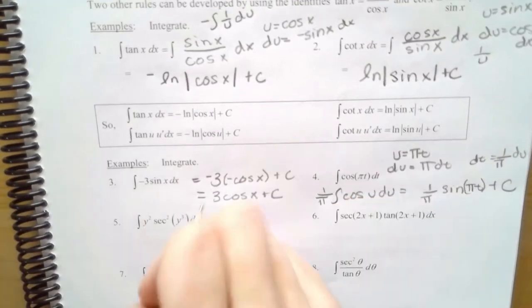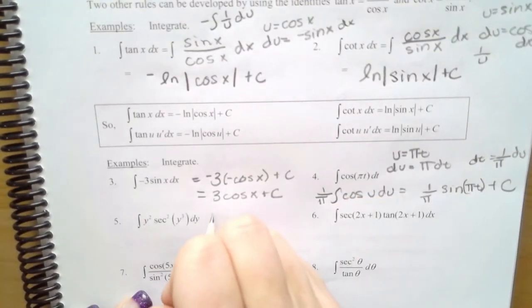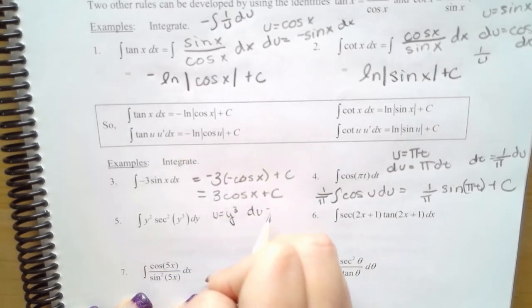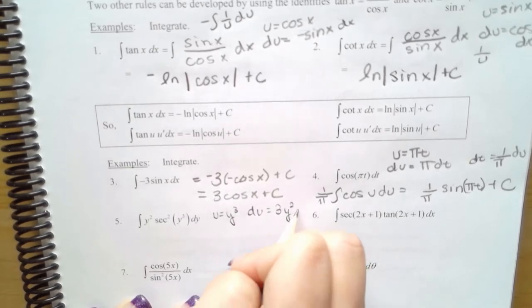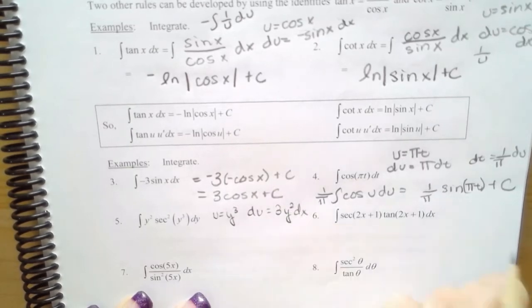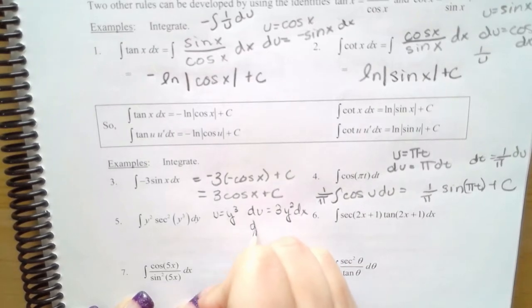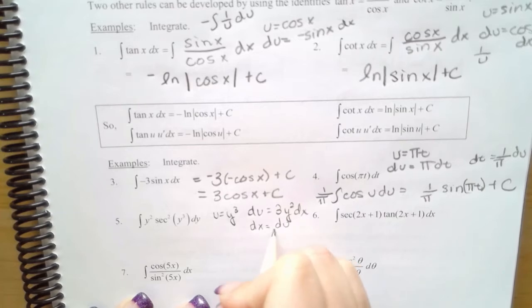Alright, number 5, if we do u as in y cubed, that would mean du equals 3y squared dy. Solve for dy, you get dy equals du over 3y squared.